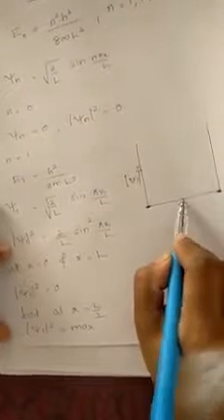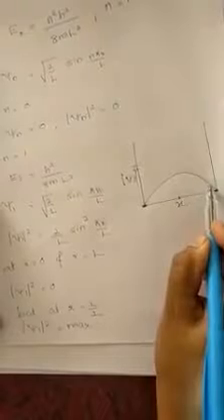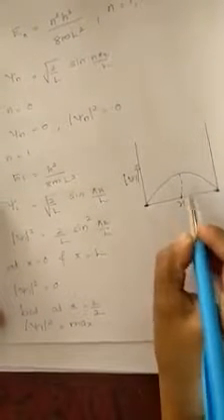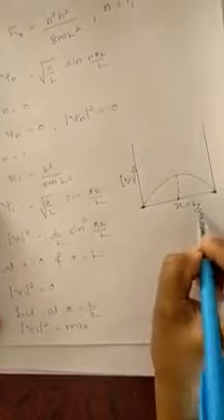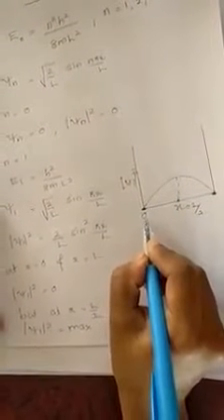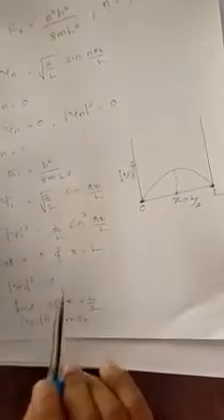And at x equal to L by 2, the probability to find the particle is maximum. That is the graph like this. So this is the case when n equal to 1.